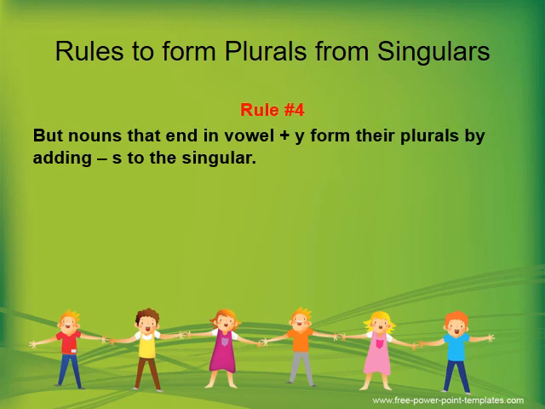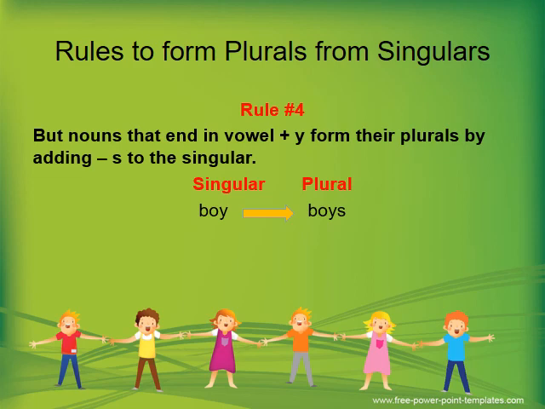Now, let's come to rule number 4. It says that nouns that end in vowel plus y form their plurals by adding s to the singular. So, let us understand this rule with the help of example. Boy. Boy is a singular noun.